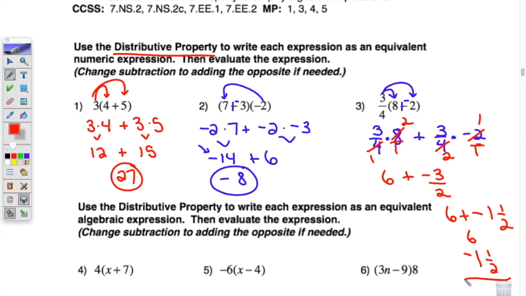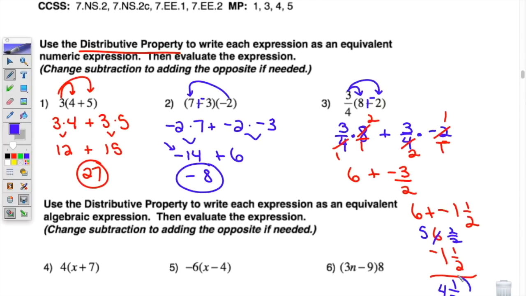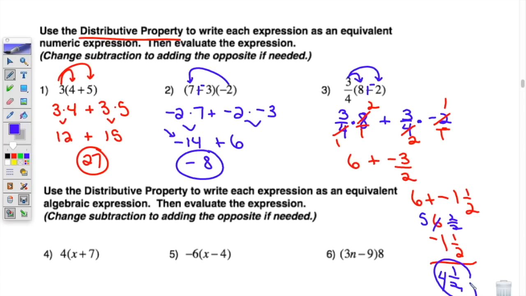I would have to borrow from the 6 and make it a 5. So now I have 5 and 2 halves, which is still 6. Subtract: 2 minus 1 is 1 over 2, and 5 minus 1 is 4. So my answer is 4.5. And it would be positive because 6 was larger.